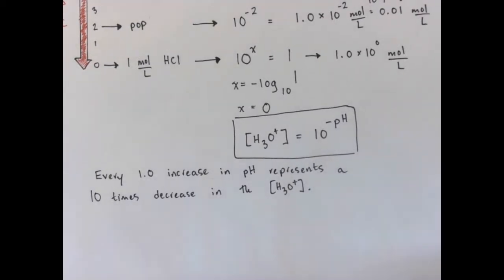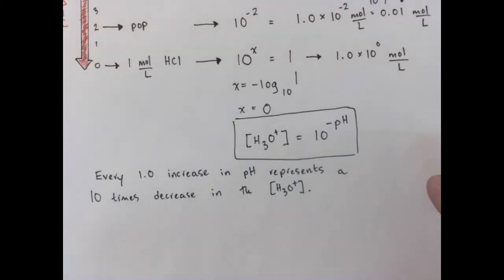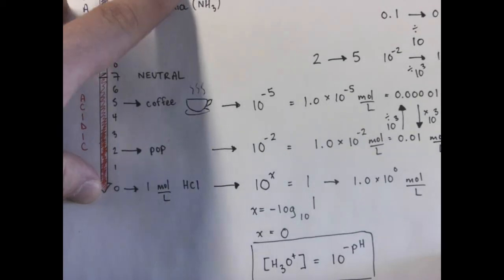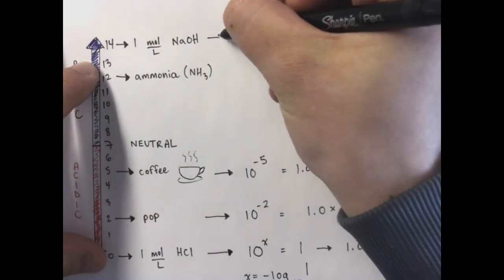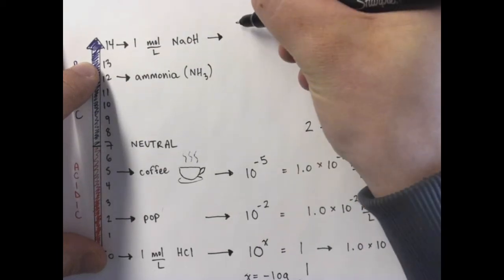Okay, so what this means is, something with a pH of 7 is 10 times more acidic than something with a pH of 8. We could even look at these ones, like 1 mole per liter sodium hydroxide. What is its hydronium concentration?